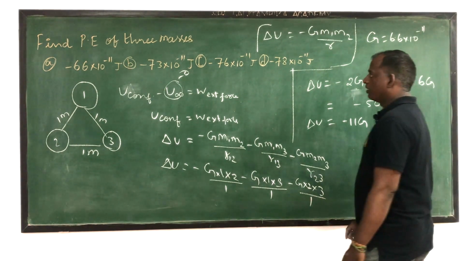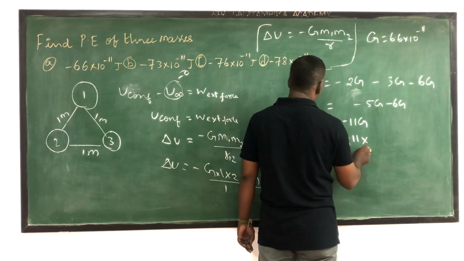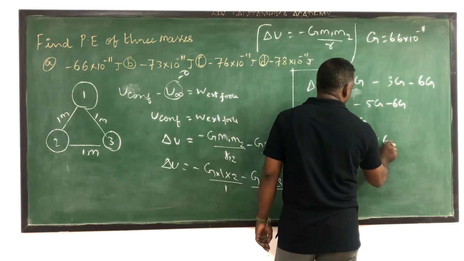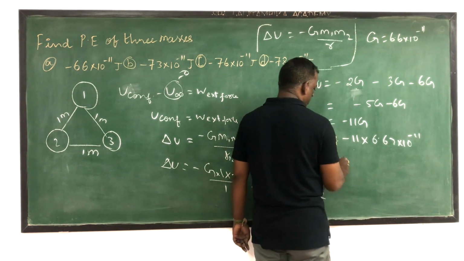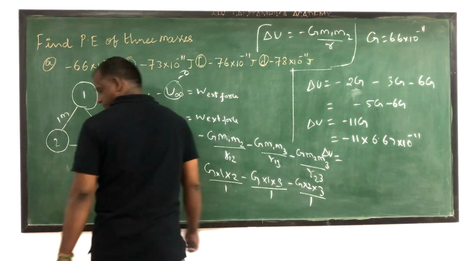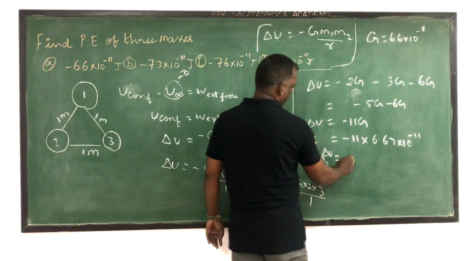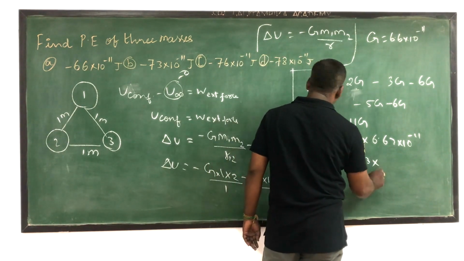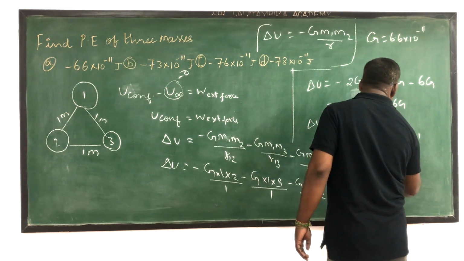So 6.67 into 10 power minus 11, if we multiply minus 11 into 6.67 into 10 power minus 11, the answer we get is minus 73 into 10 power minus 11 joule.